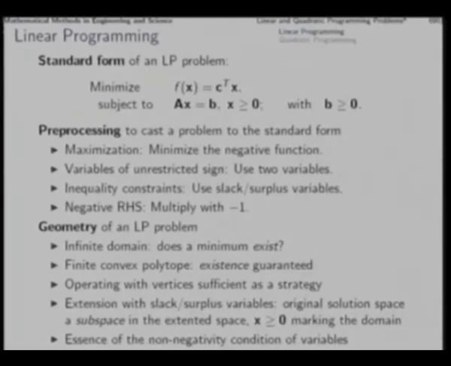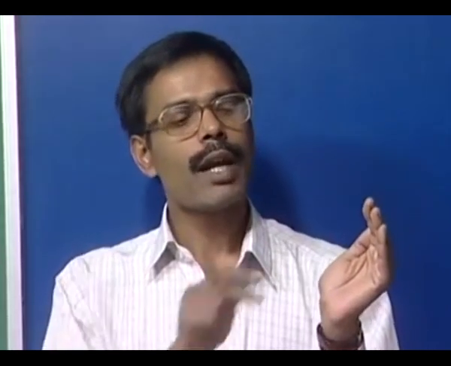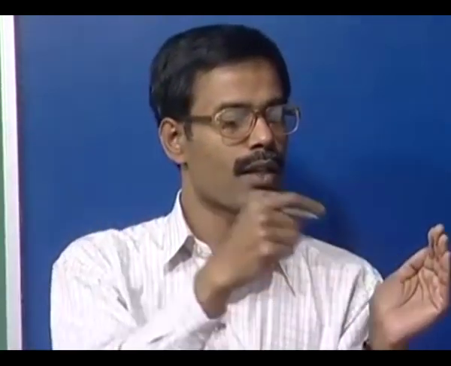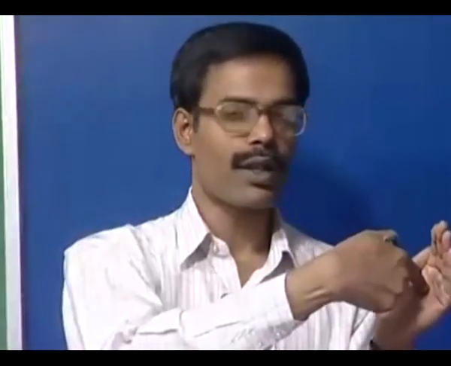So, we are not talking about an infinite domain of that kind. If the domain is closed from one side and open from the other side, then the question arises, does a minimum exist? If the function decreases in this direction towards the closed side, then the minimum will exist.